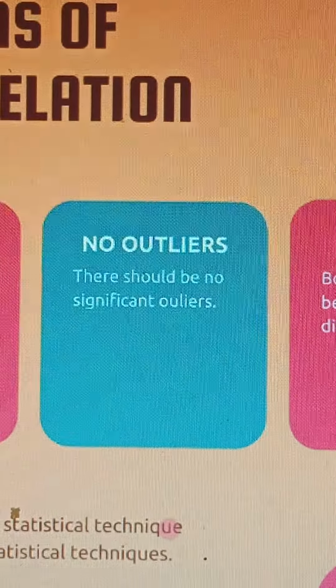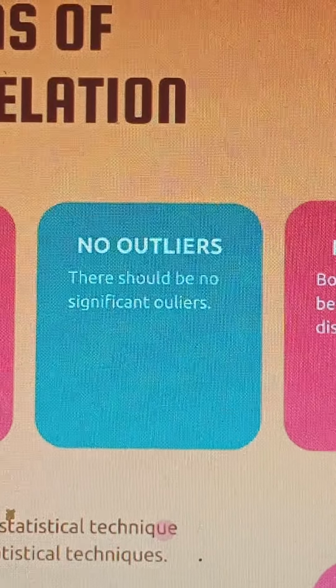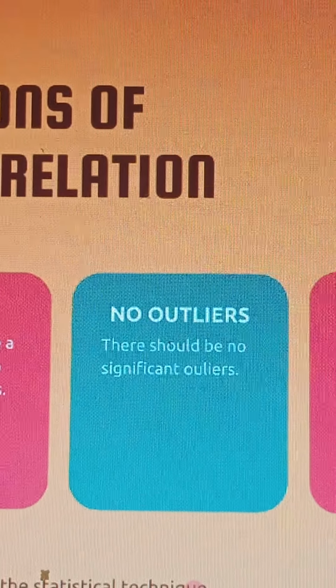We only have to look at those values that have the asterisk, which are considered significant outliers. If there are significant outliers, they will greatly affect the result of your data, so we have to do some measures with those outliers to be able to perform this test.